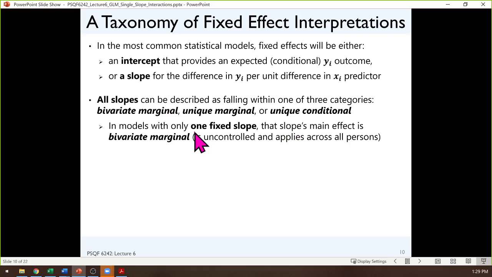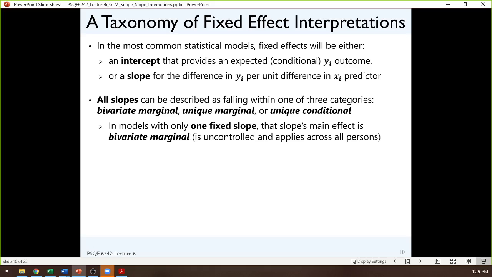If I had a model that had only one slope, like I have x predicting y, the end, the way that I would talk about the slope of x is that it is bivariate, meaning just the 2 variables, and that it is marginal, meaning that it applies to everybody.